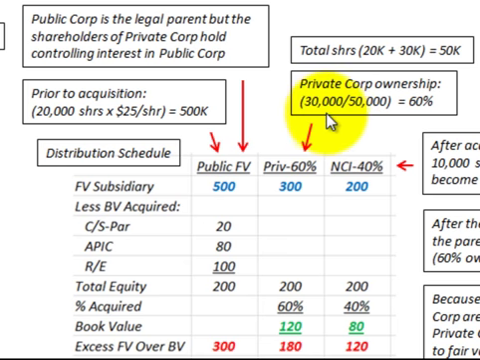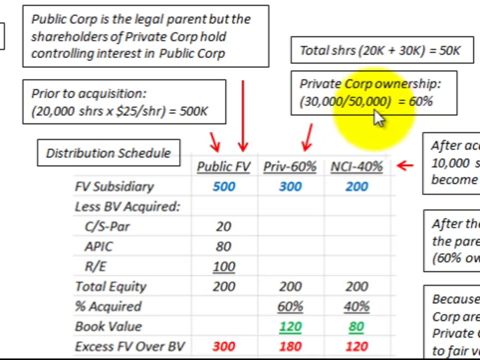And now looking at the private corporation, their ownership percentage, they received 30,000 shares from the public corporation, and then there was a total of 50,000 shares outstanding, the 20,000 that they originally had on their books plus the 30,000 shares that they issued to the private corporation.